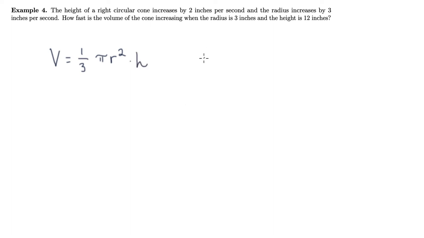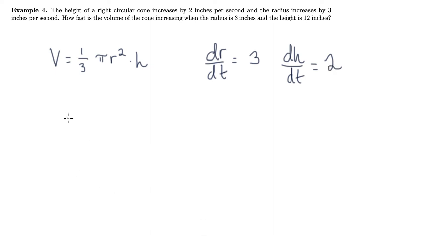And now what we know here is that dr dt is radius increases by 3 inches per second, so 3, and then dh dt is going to be 2. The height increases by 2 inches per second.